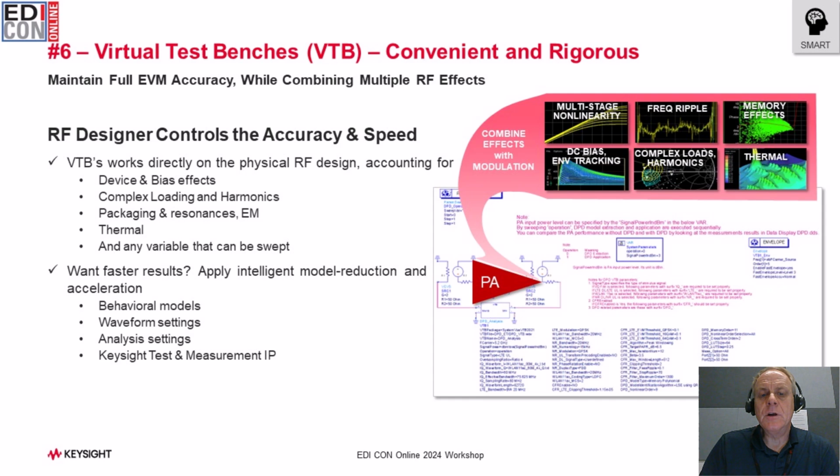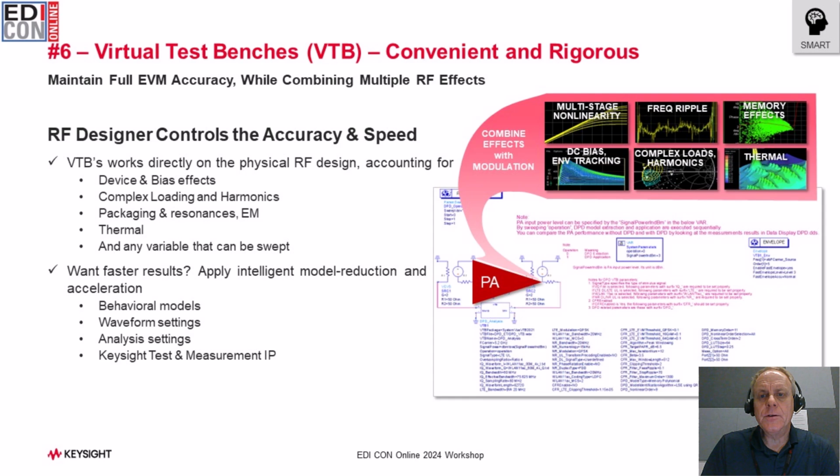But you have full control over the accuracy, and because you have a component that you can just drag and drop, one of these VTB components is in fact a source and a sink with parameters that are scannable. You can account for the true device without having to create intermediate behavioral models that you have to track in a file system or communicate.